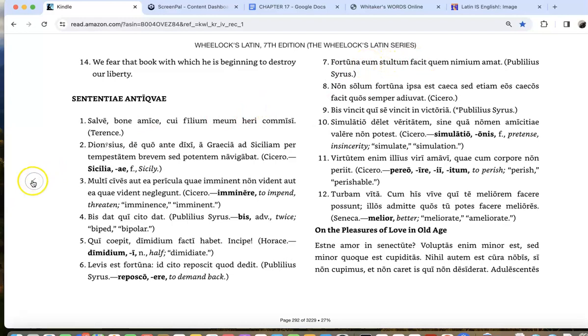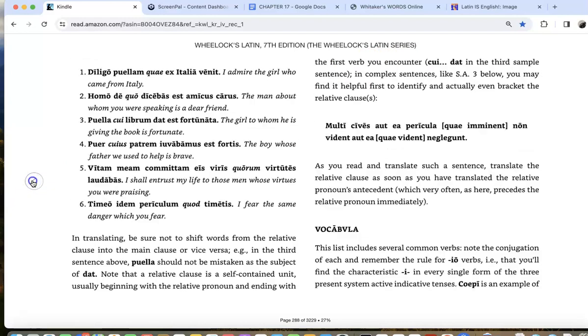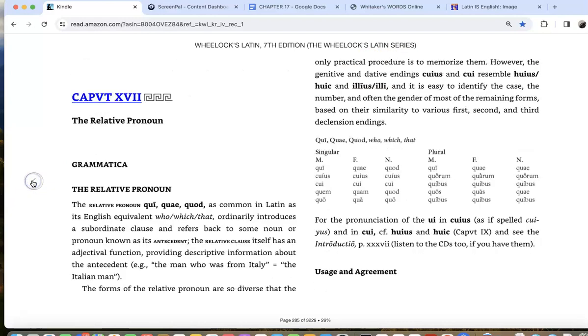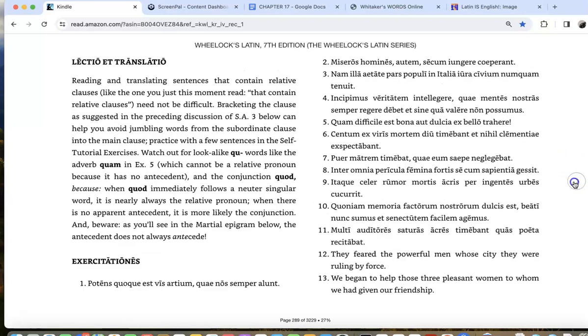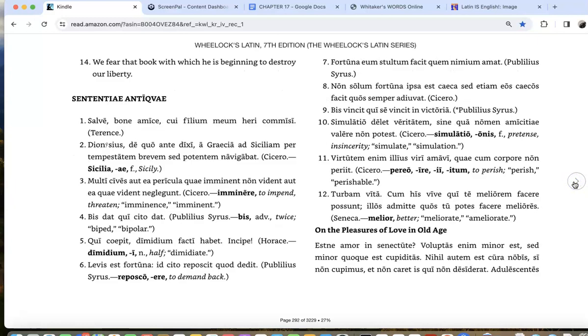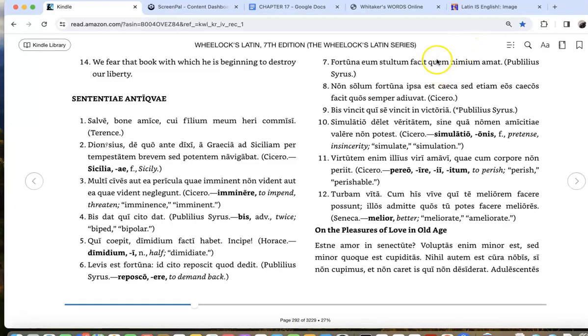So we need the accusative form of the relative pronoun, which is quem, because him is masculine, but then its function in the relative clause is as the direct object. And then amat agrees with fortune.